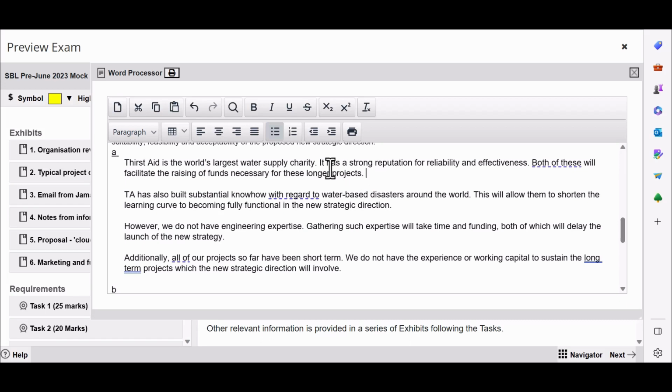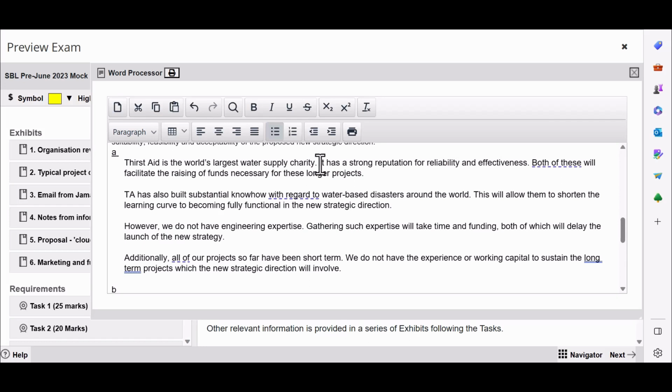You state, explain, apply. So Thirst Aid is the world's largest water supply charity. You're simply stating a fact. There is nothing new there. It comes straight out of the question. That means it has a strong reputation for reliability and effectiveness. So that is an explanation.